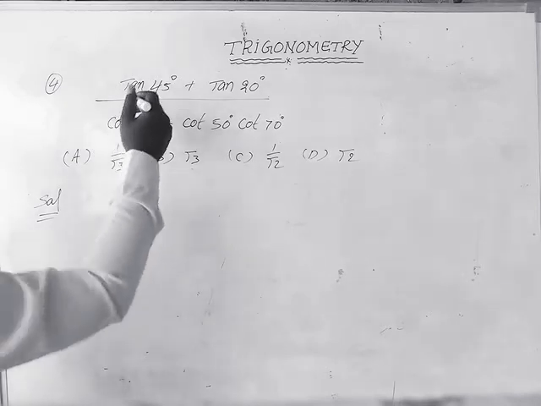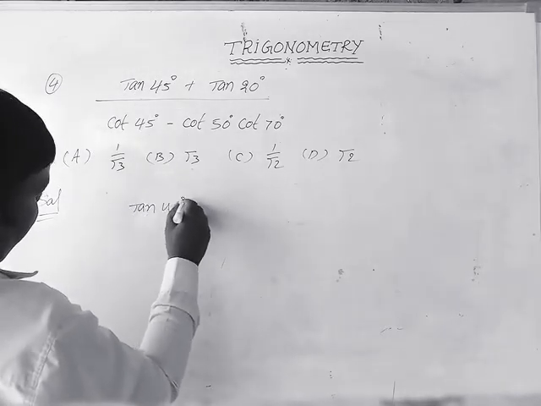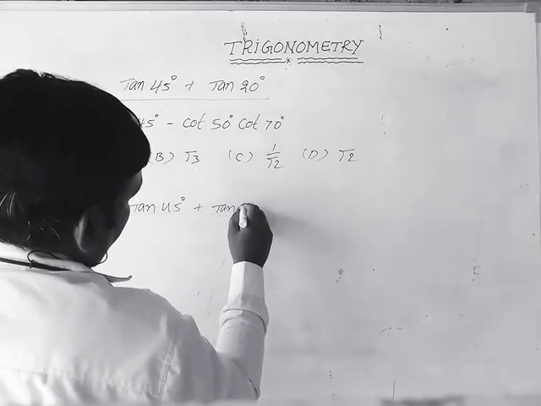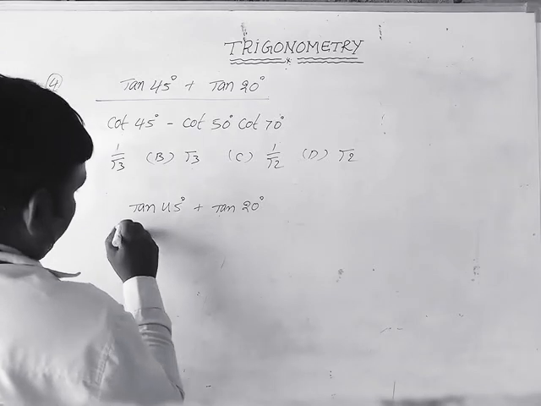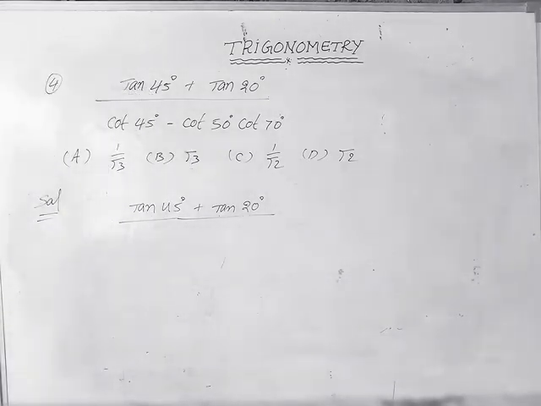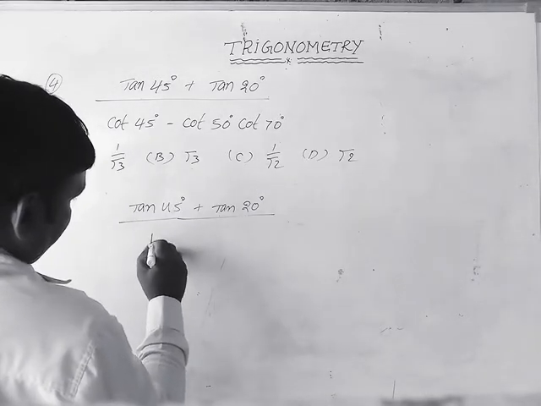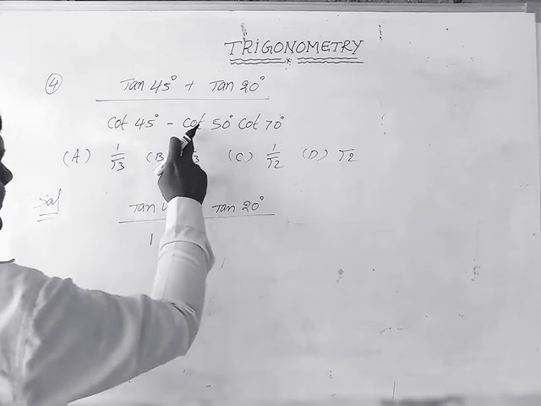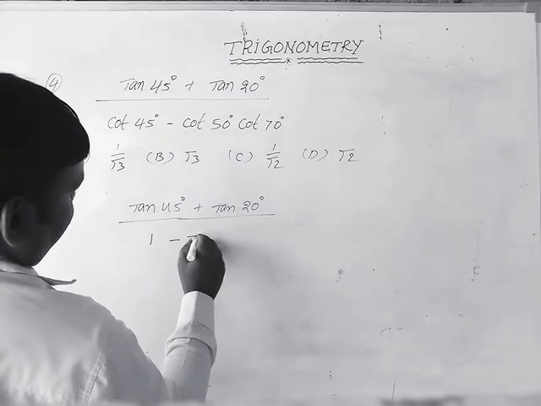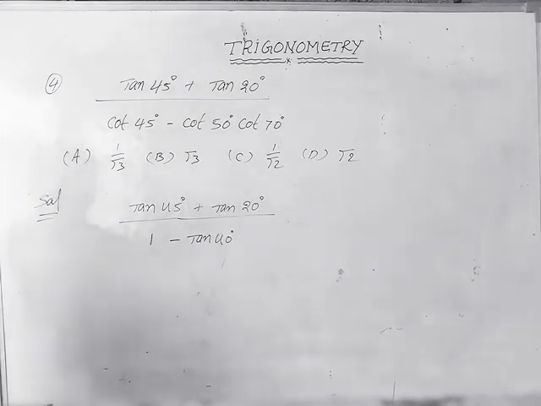So here, the numerator is tan 45 degrees plus tan 20 degrees, and in the denominator cot 45 degrees value is 1 minus cot 50 degrees. Cot 50 degrees is tan 40 degrees.